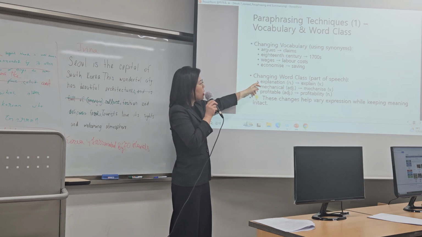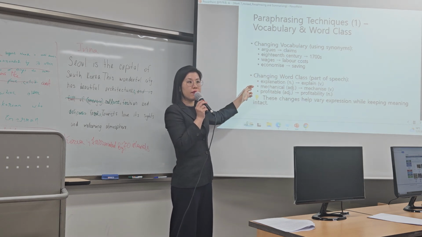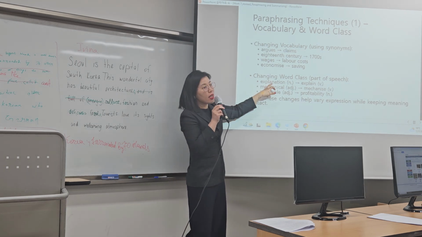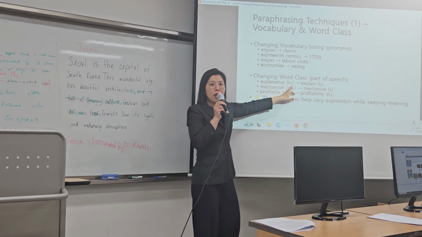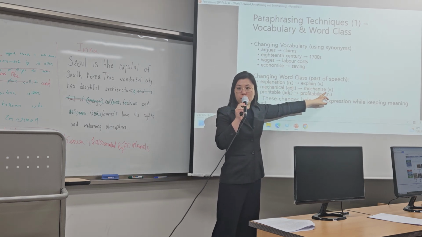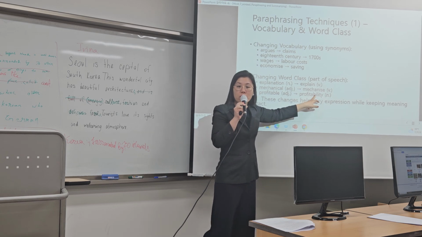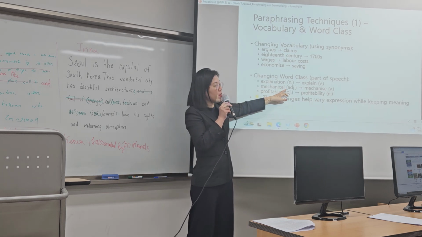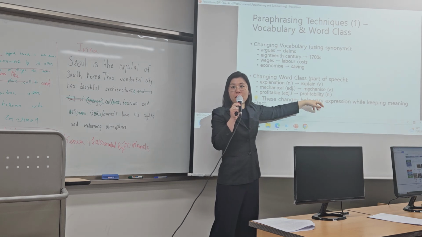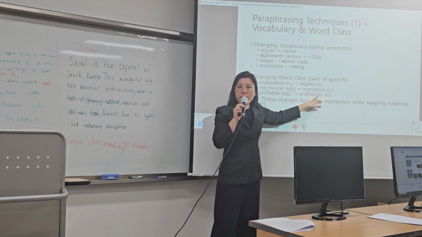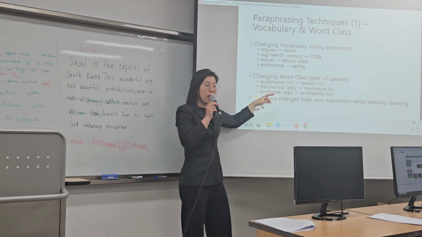And also, changing word class is a common tactic for paraphrasing. Say the original text has the word explanation in noun form, and you can change it into a verb form. And you change the sentence structure as a result. And also mechanical, if it's an adjective, then you can make it into a verb, mechanize. But if you use a different part of speech, you have to change the grammar as well.